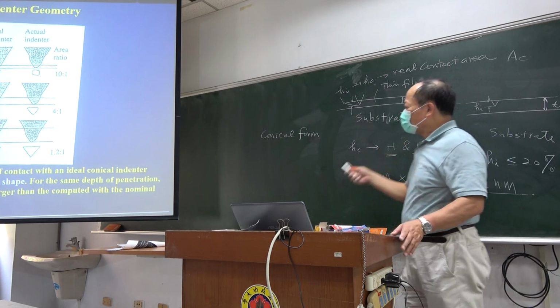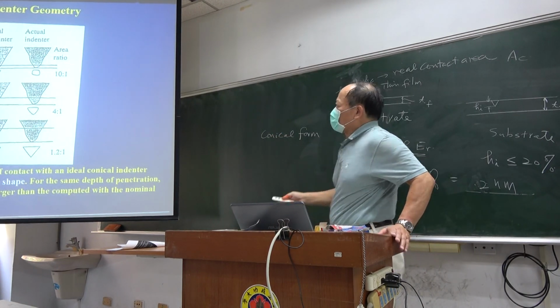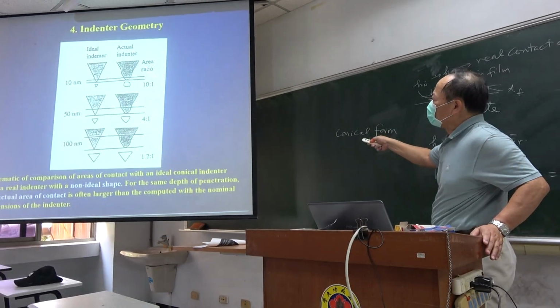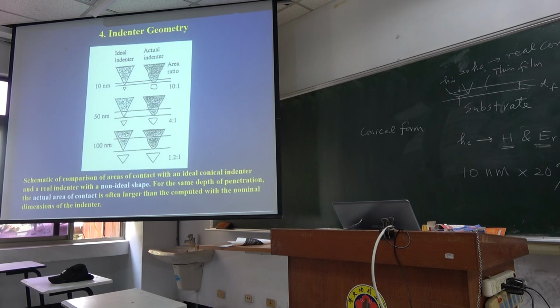If you are operating at the 2 nanometer indentation depth, in this case, you have the risk that the area ratio for the actual and the ideal case will become very large.